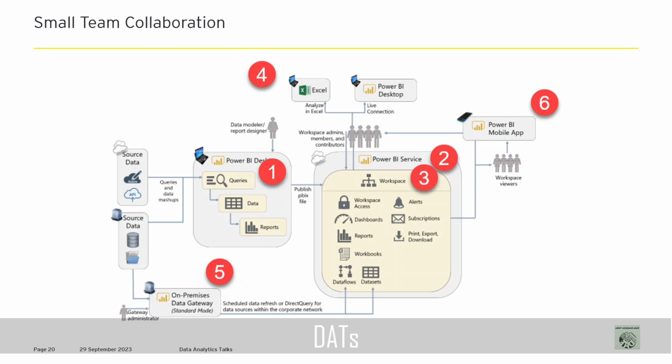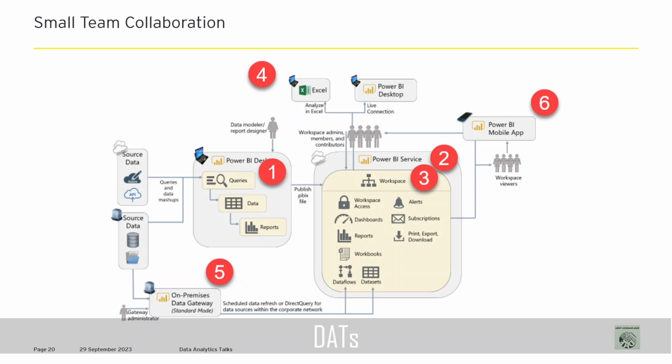Workspace is a place for collaboration. So in this case, the data modeler, the report designer will create reports, queries, and data, and he publishes to the workspace the dashboards, reports, and workbooks. He may use the data set either from the organizational data or from the cloud itself.